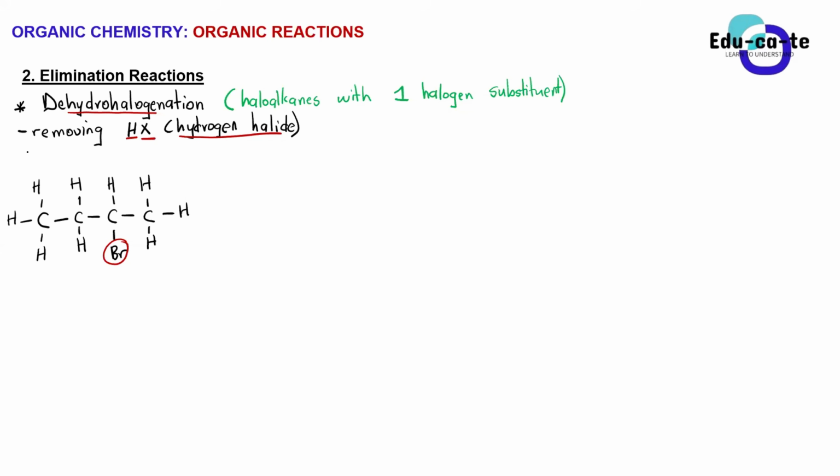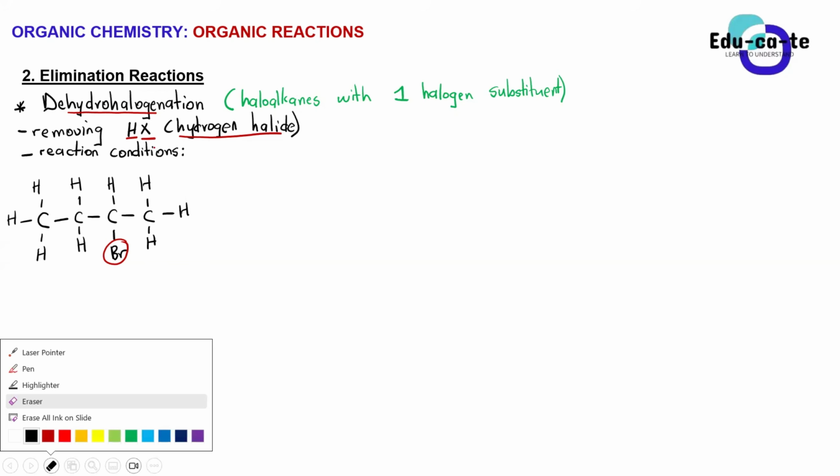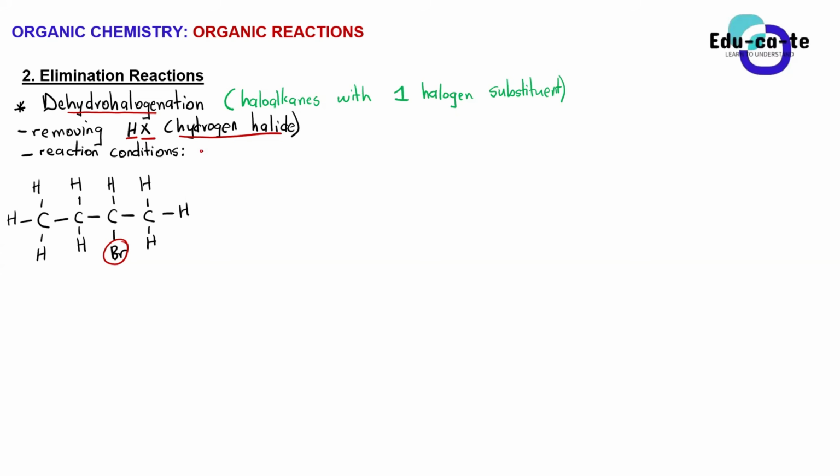So when they ask you the reaction conditions, or the conditions that must be met when we are doing this reaction so that it succeeds, we need a strong base. This reaction takes place in the presence of a strong base. If you just say a base, it's not true. You say it's a strong base.